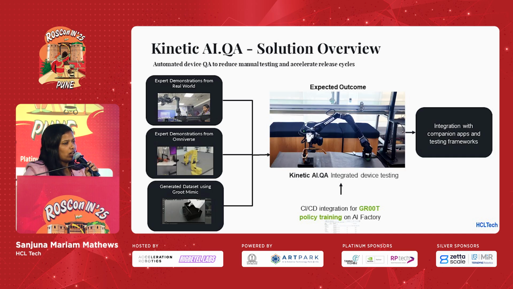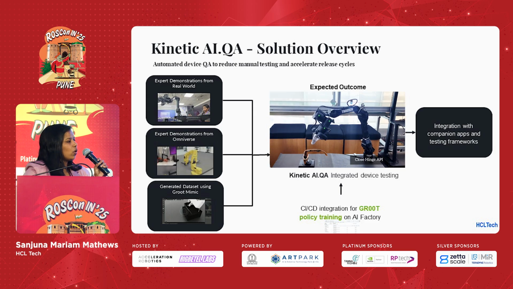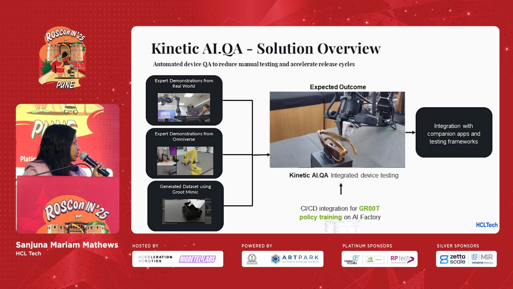There are different APIs, as I already mentioned. This is taking a photo, and then there is an API to take video, and there is another API that you have already seen that was opening the hinge, and there is an API to close the hinge. So all these actions will help in different testing scenarios.